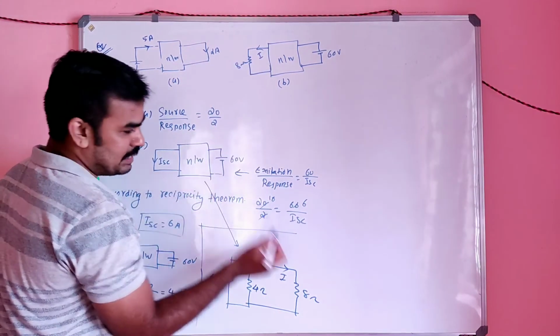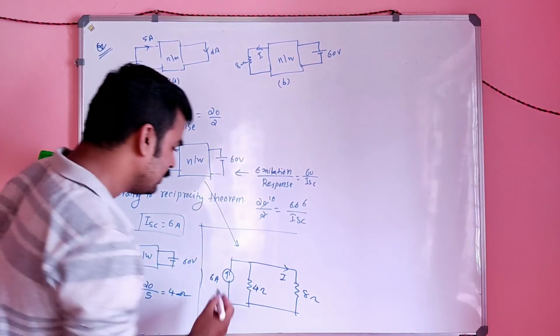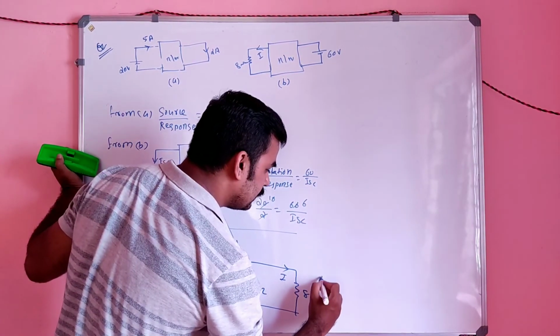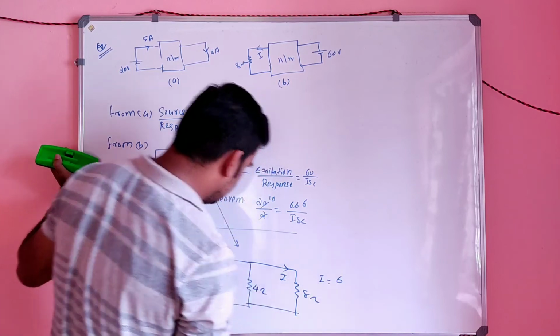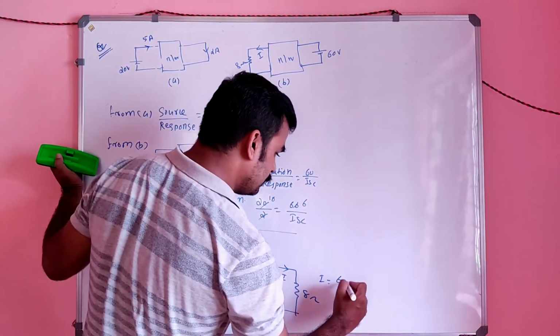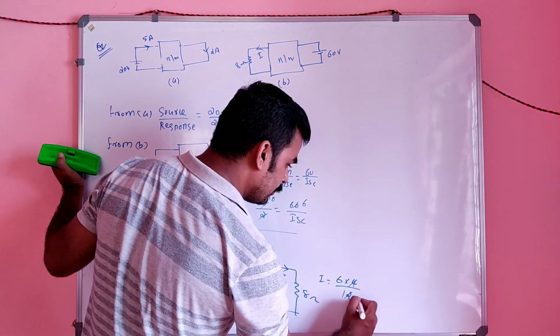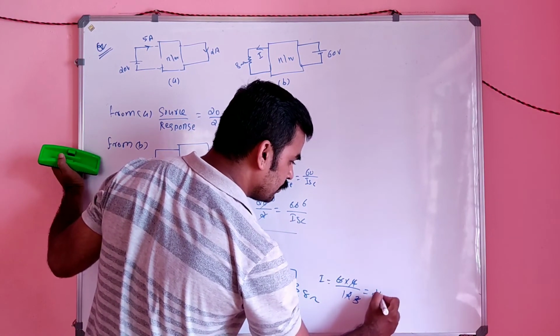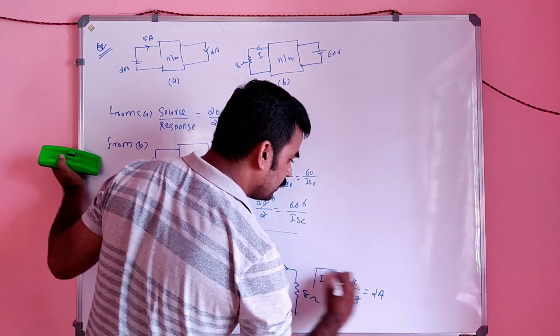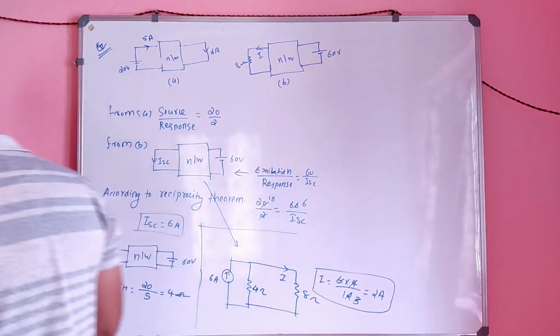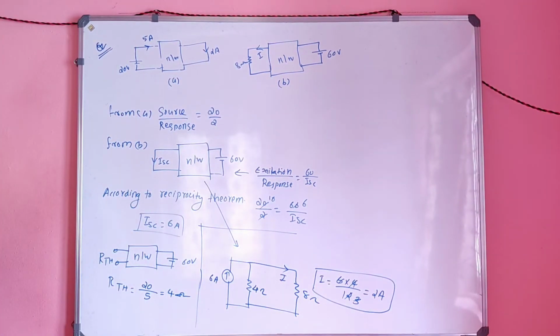So what is I? 6, that is the incoming current, right? 6 into 4 divided by 12 is 2 ampere. Let's check the answer. Yes, correct.